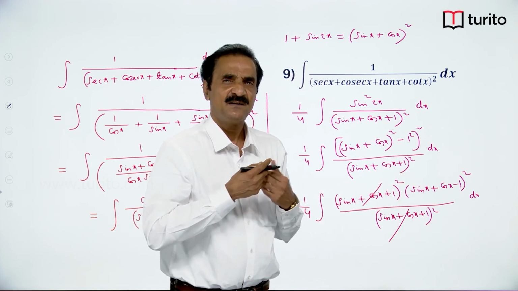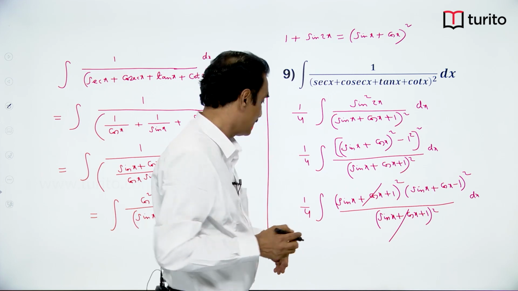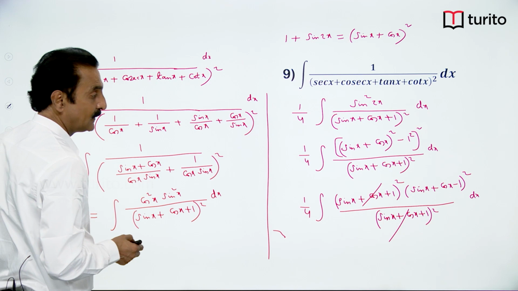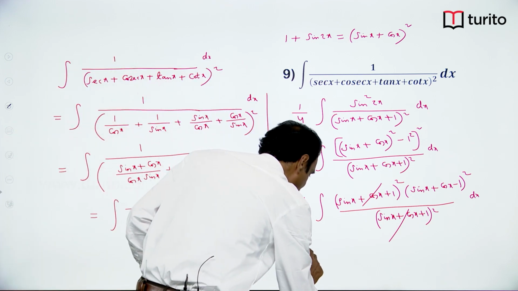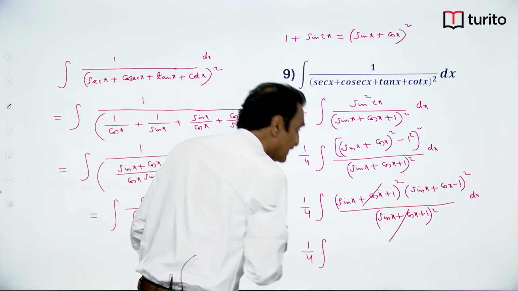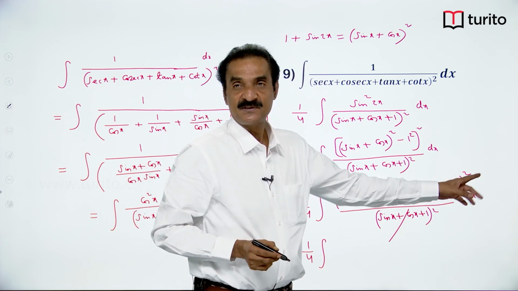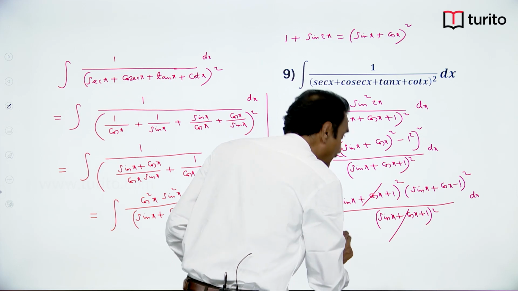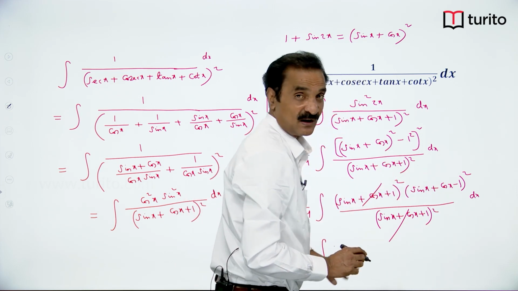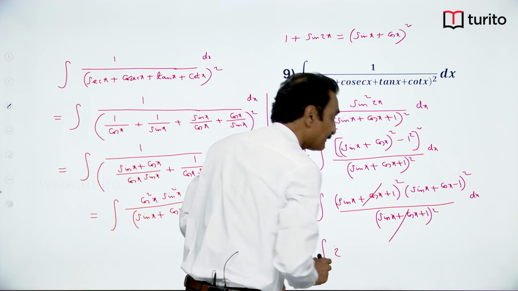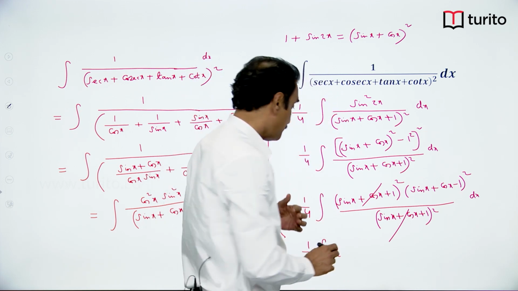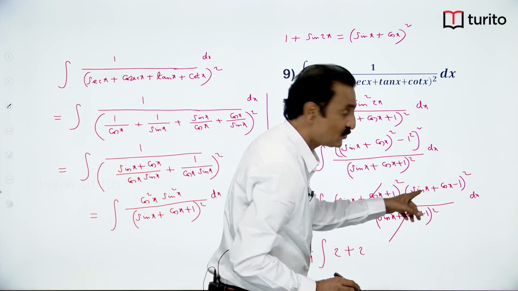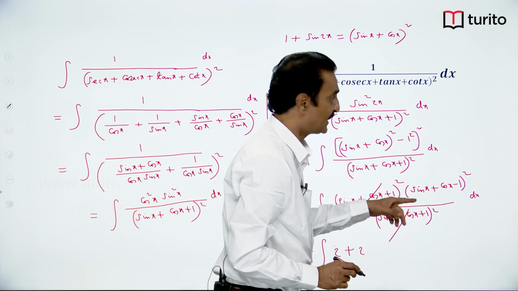How to integrate? Expand the square. If you expand the square, you will get 1 by 4 into integral a plus b plus c whole square: sin square x plus cos square x, that is 1, again 1 square is 1, so total 2, okay, plus 2 sin x cos x, I will write it as sin 2x.